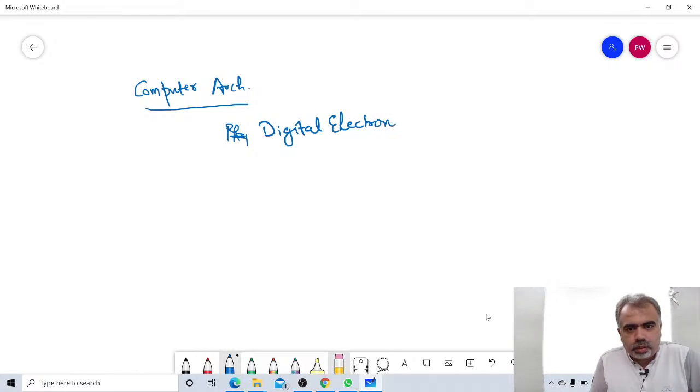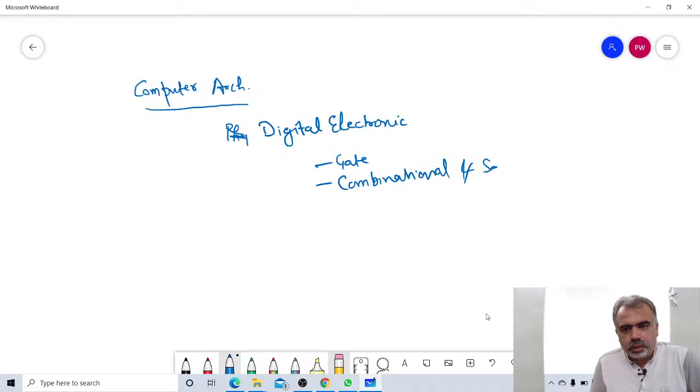In digital electronics, we covered the gates, and combinational and sequential circuits. In combinational circuits, there are several components like gates, half adder, full adder.